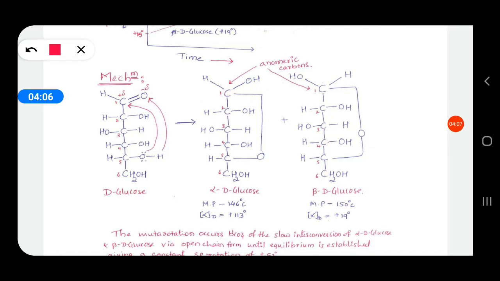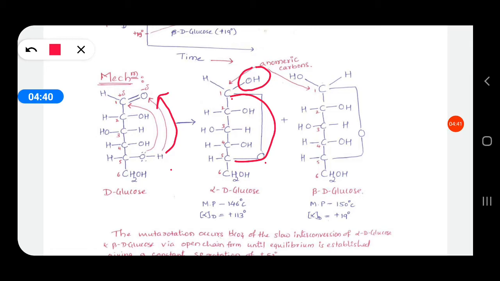In the carbonyl group, the carbon is electron deficient and oxygen is more electronegative, so it gets a slight negative charge. So the hydrogen from the fifth carbon's hydroxyl group is shifted to the oxygen, and a new carbon oxygen bond is formed, and this C double bond O is converted into C-OH.